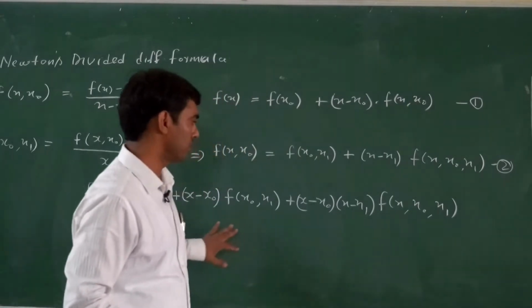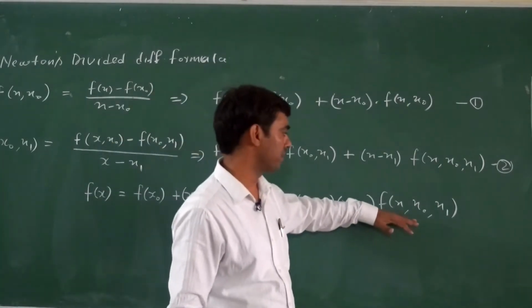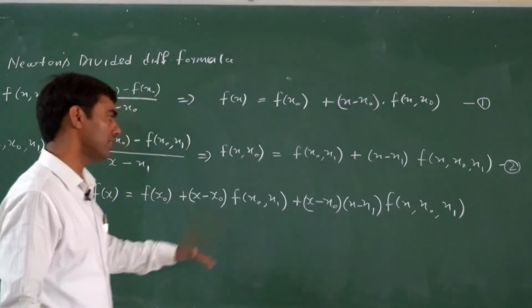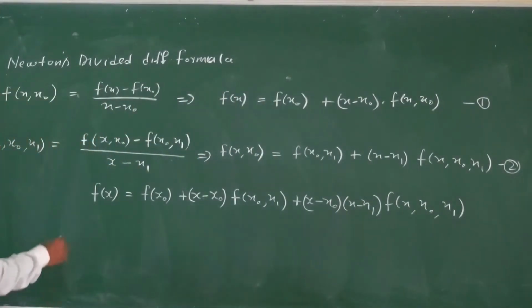Now from the third order divided difference we replace the value of f of x, x0, x1, and continuing in this manner, we are able to find the general Newton divided difference formula.